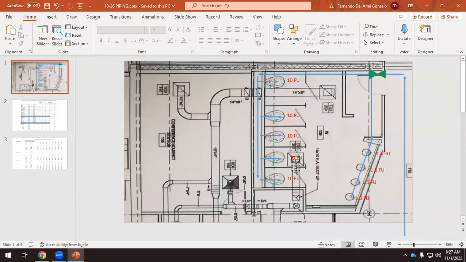Then for the sinks, what is the size of this branch for the sinks? 3/8. Oh, this is 3/8.